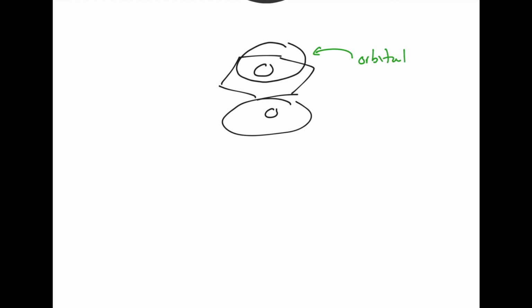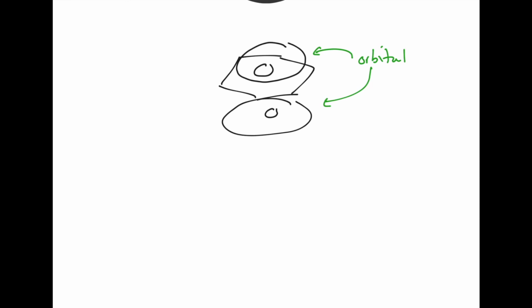What you end up with is like a donut of orbitals above and below the plane of the benzene ring. So you end up with this donut of electrons above and below.